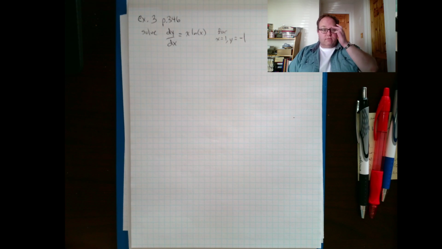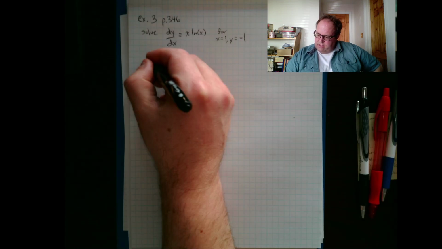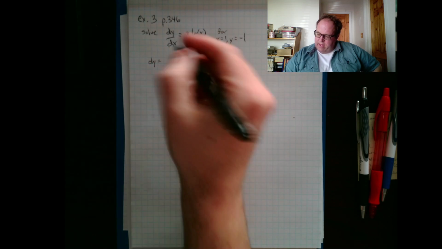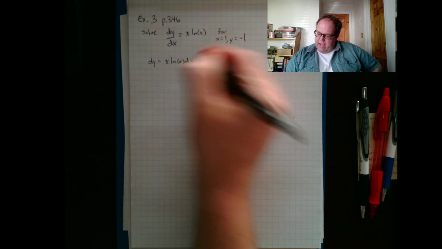Okay, so I can rearrange this. dy equals x ln x dx.